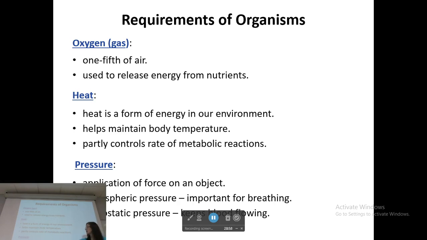So pressure is the force on an object. We have our atmospheric pressure, important for breathing. When you open your mouth, so you're just sitting here, your mouth closed, open your mouth and just relax. Air forces into your mouth, okay? And that's because of that atmospheric pressure.